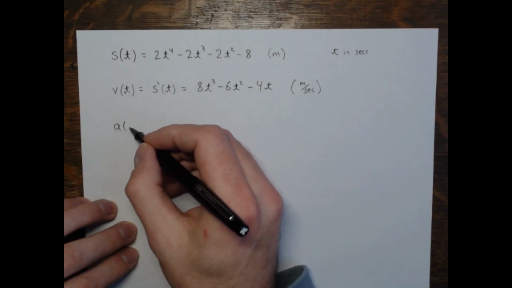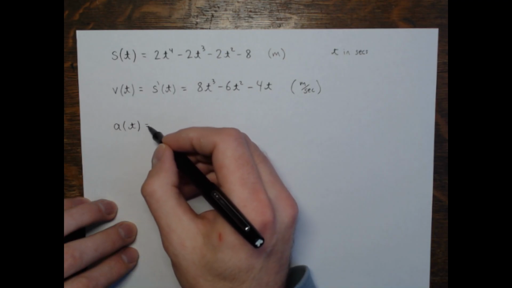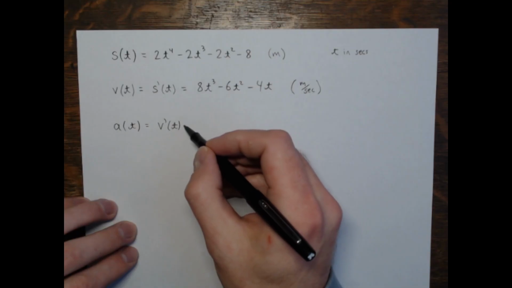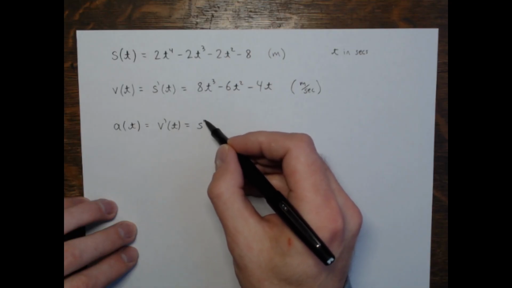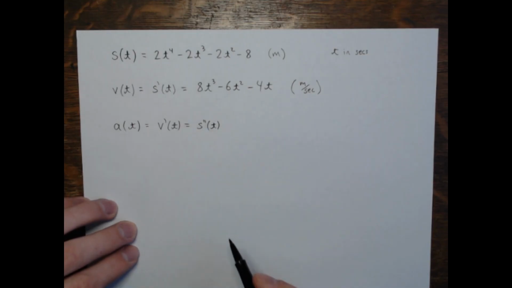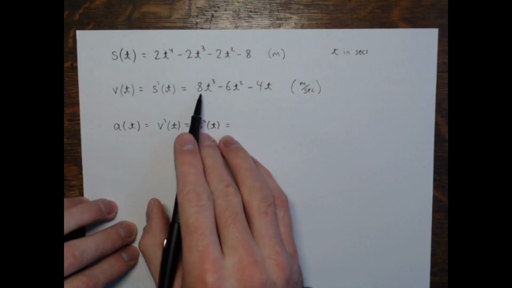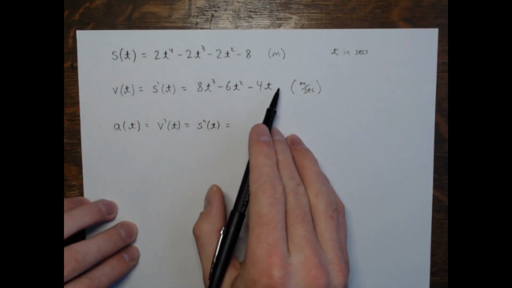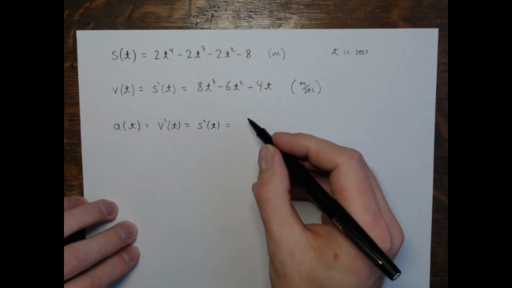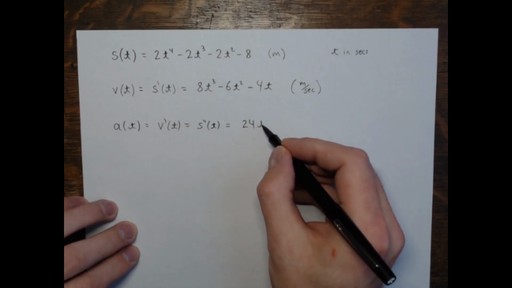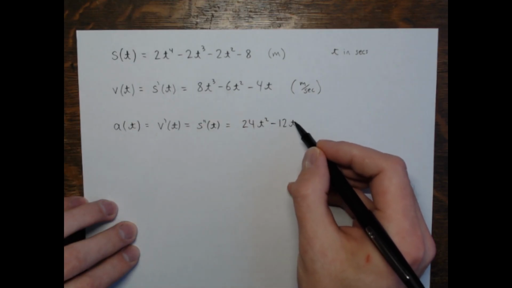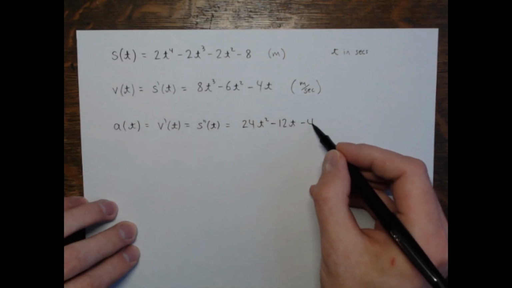And then the acceleration function that they're asking for, you can write this a couple ways. It's the first derivative of velocity or the second derivative, s double prime, of position. So again, velocity here is another simple polynomial, going term by term, applying the power rule. So you'd have 24t squared minus 12t to the first, and then minus 4.